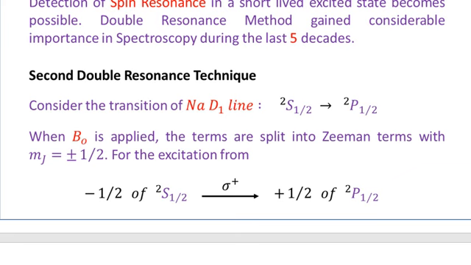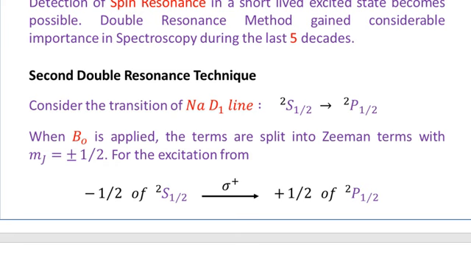The first double resonance technique was defined using the mercury atoms, or the mercury vapor atoms. And now I am going to describe another experiment, which I am calling the second double resonance technique. And here I am using light from the sodium D1 line.